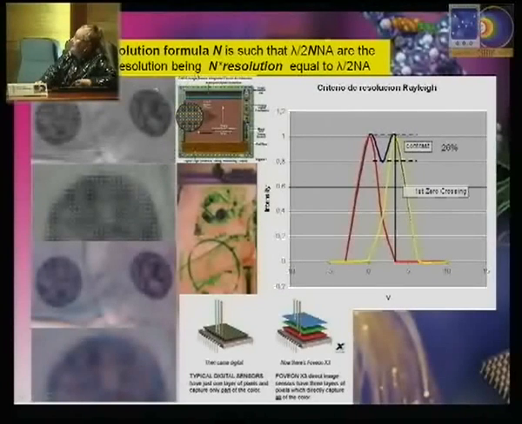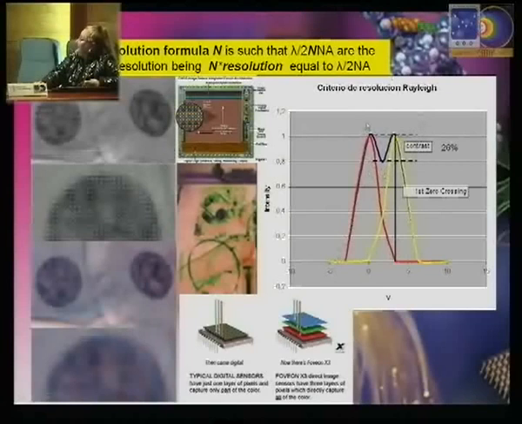So the classical Rayleigh formula is at 1, but obviously you can add technology in order to increase the resolution, and this technology affects the N that modifies the resolution of the system.